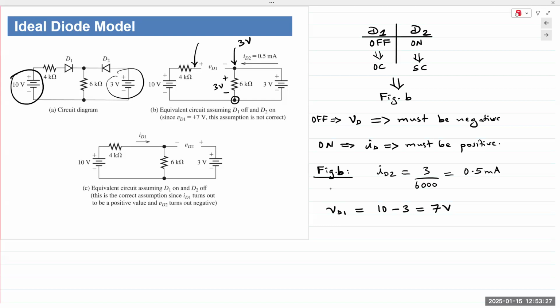More importantly, it's a positive voltage. If it is a positive voltage, that means my initial assumption is incorrect.